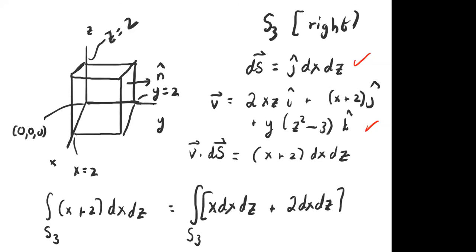You need to look at the picture. Surface 3, which is here, is defined by setting y equal to 2. It intersects the y-axis at the point 2. So that means that dy has to be 0.